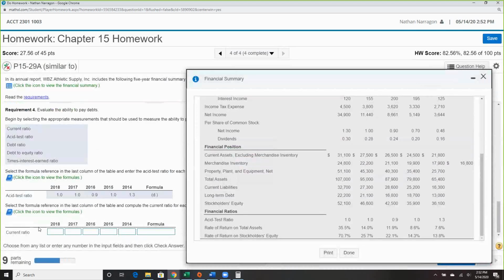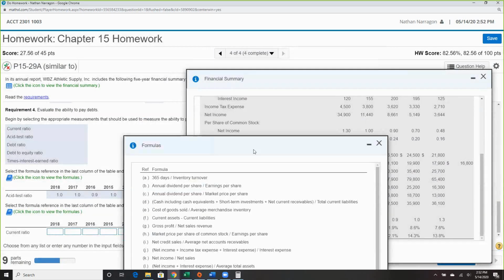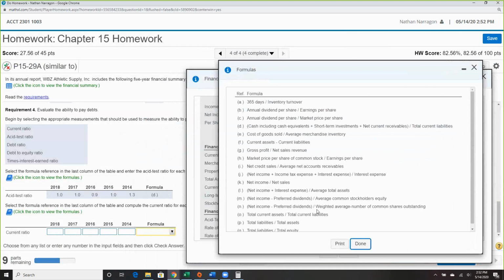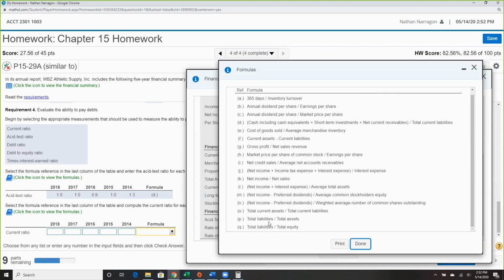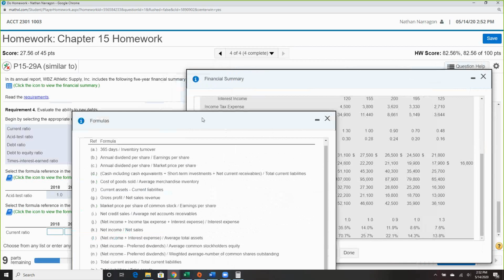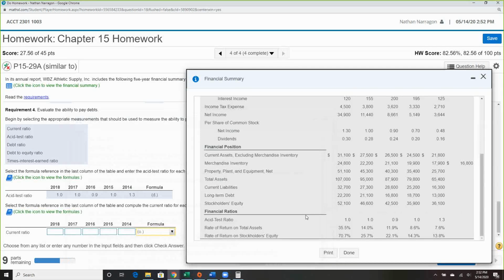Okay. Current ratio. First, that's our classic. Actually it's current, so total current assets divided by total current liabilities. So O. Okay. And let's see what they give us.